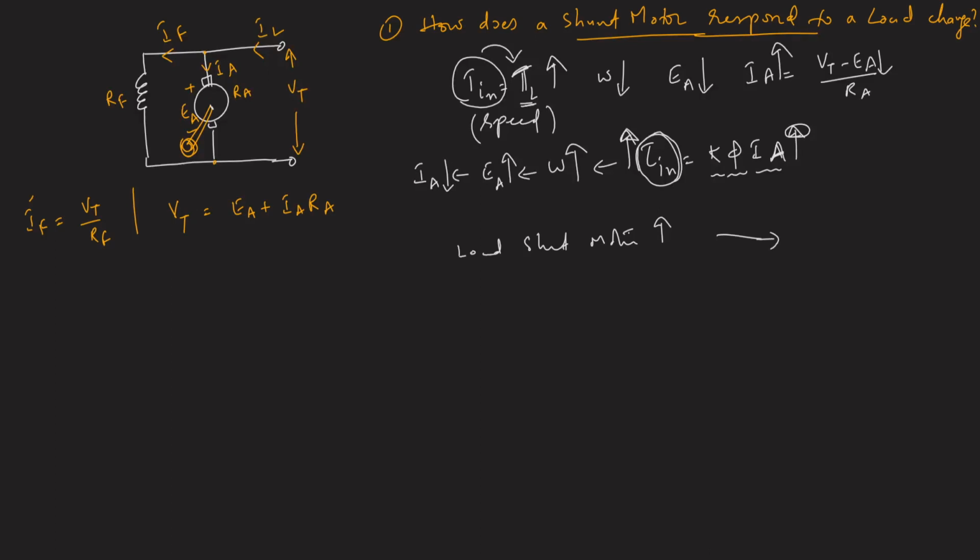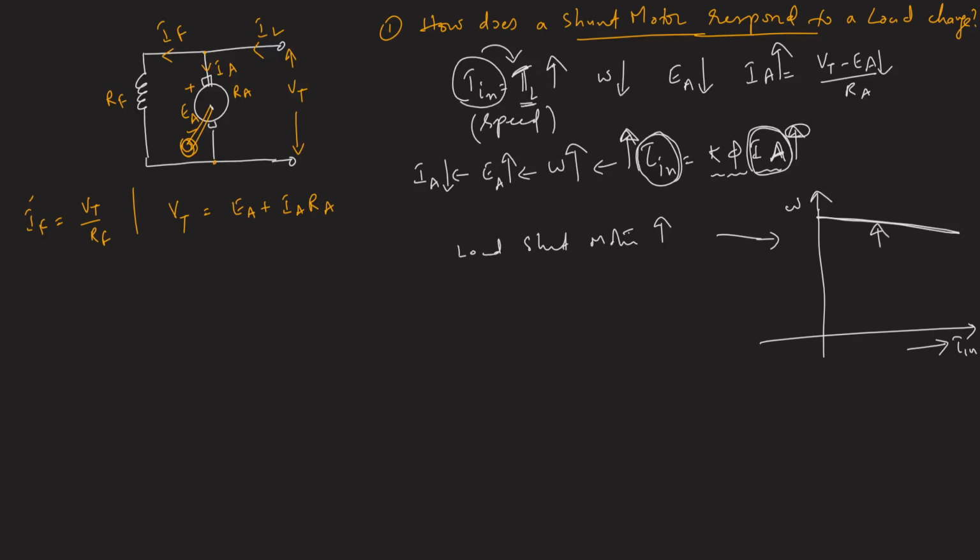It operates at a lower speed to draw more armature current. Now vaguely, without deriving the equation, I said it will be something like this: speed versus induced torque, where speed decreases to develop higher and higher torque.